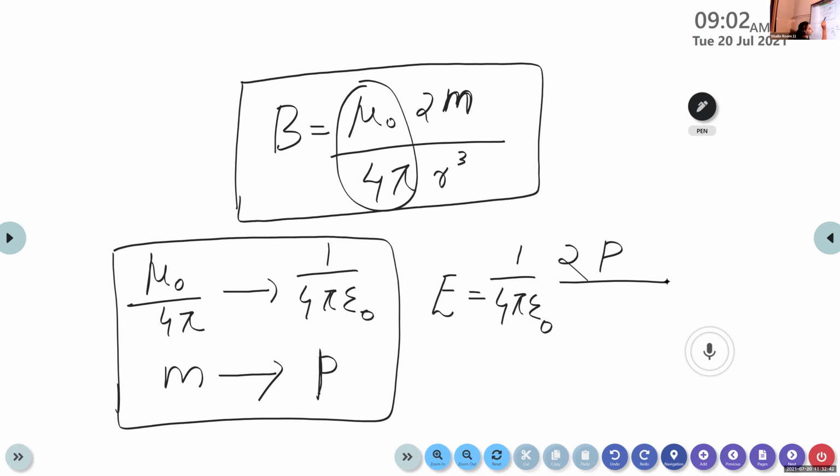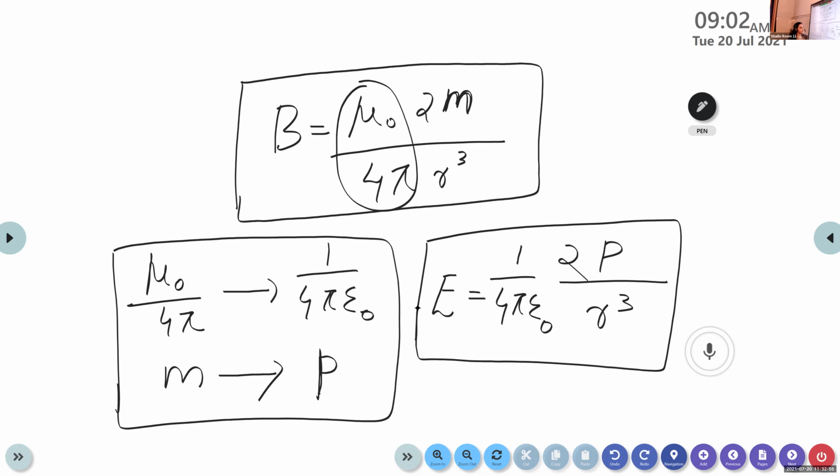So E is equal to 1 by 4 pi epsilon 0, 2p divided by r cube. This is the comparison: B is equal to mu 0 by 4 pi 2m divided by r cube, and in electrostatics, the electric field produced along the axial line is given by 1 by 4 pi epsilon 0 2p divided by r cube.